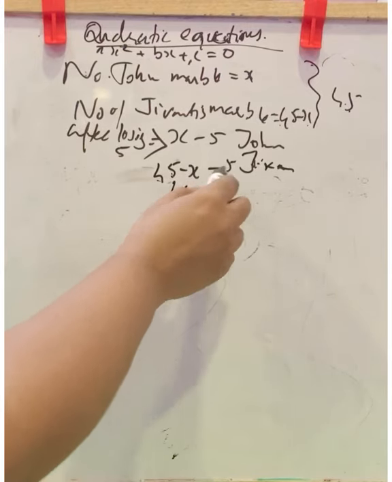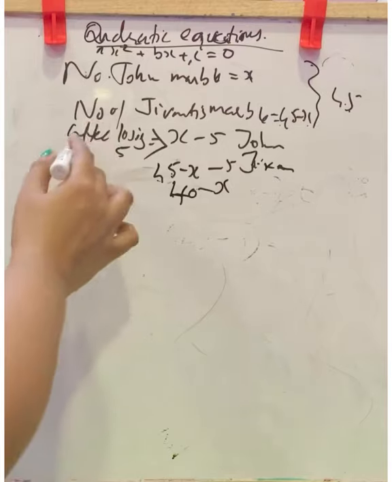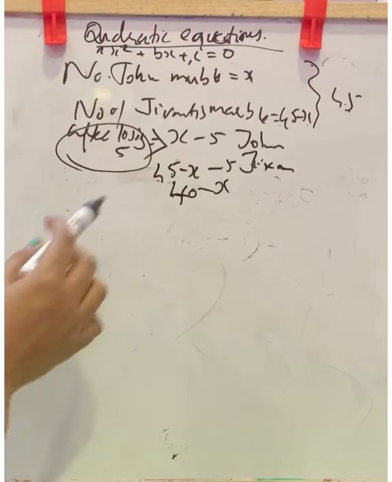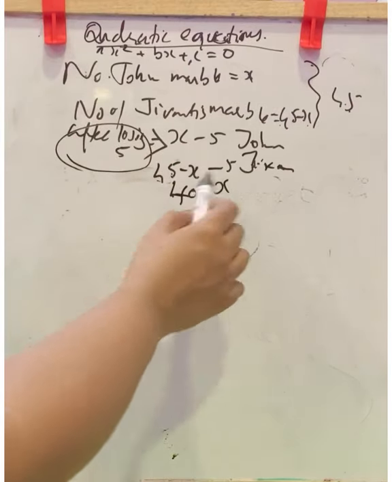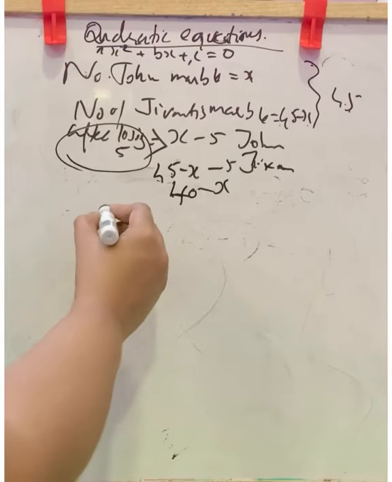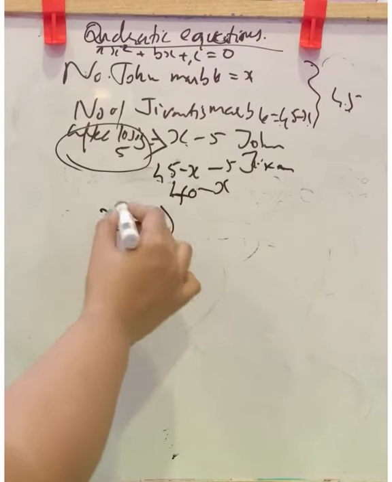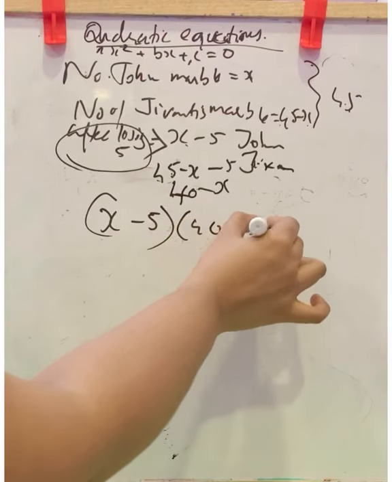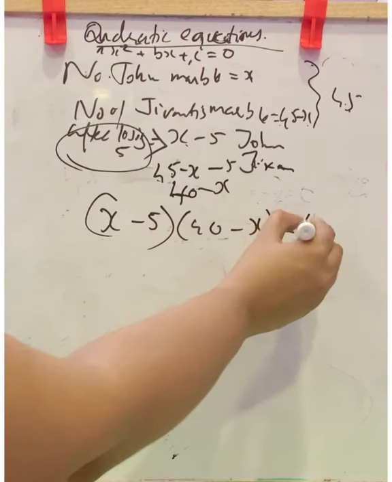That is Jivanti's number of marbles after losing 5 marbles. John's is x minus 5 and Jivanti's is 40 minus x. Now, given that product of the number of marbles is 124. That is x minus 5 into 40 minus x equal to 124.